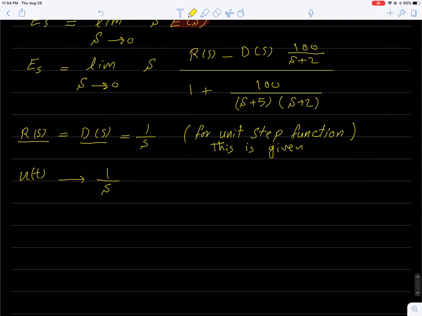Now back to finding the steady state error. We're gonna write it here.